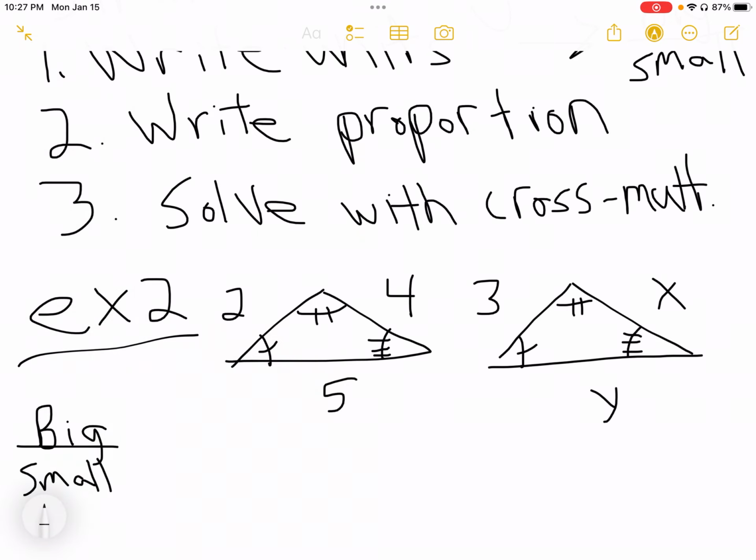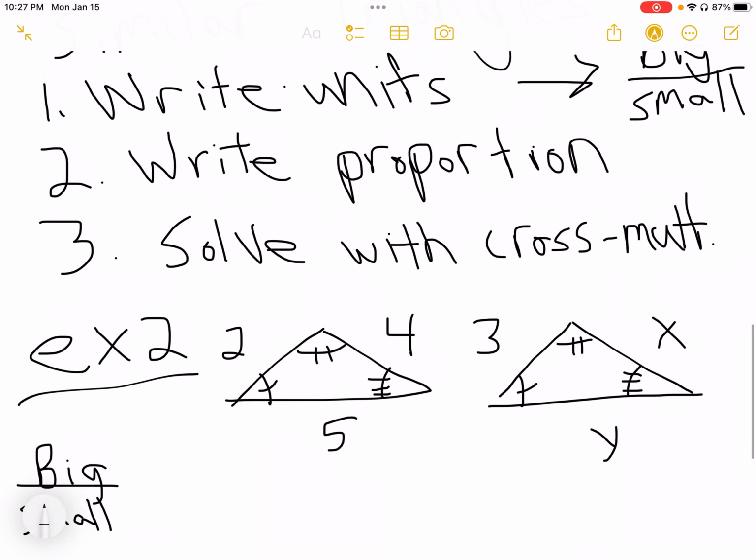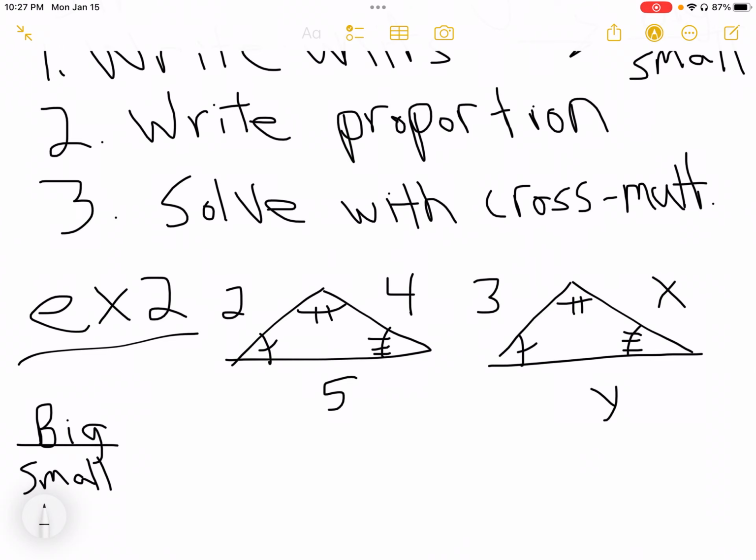If it's big to small, then I can write something like this. I say, well, 3 is to 2, because that's this one to this one. So I can say 3 is to 2 as x is to 4.